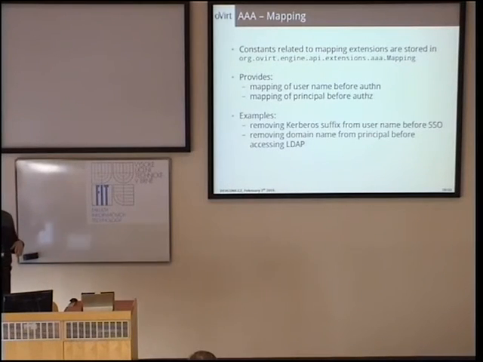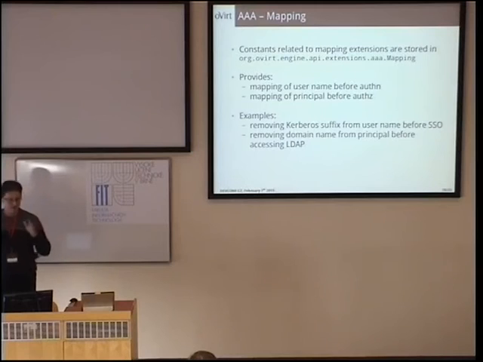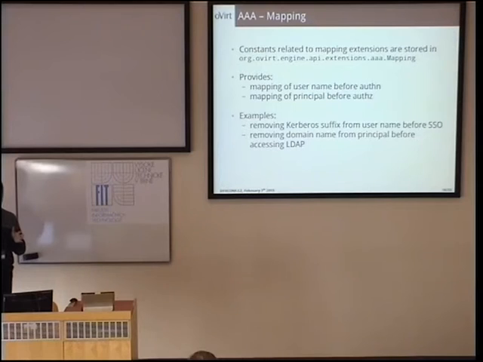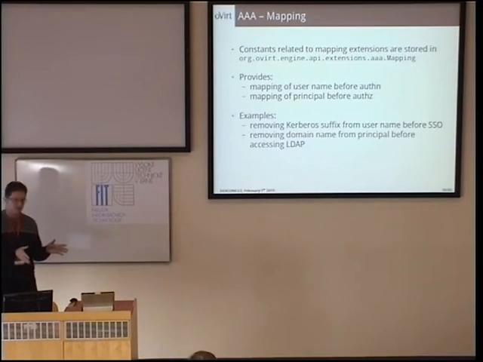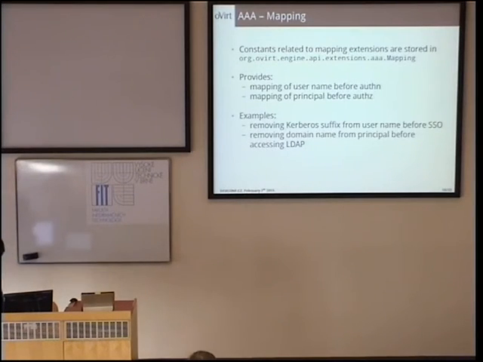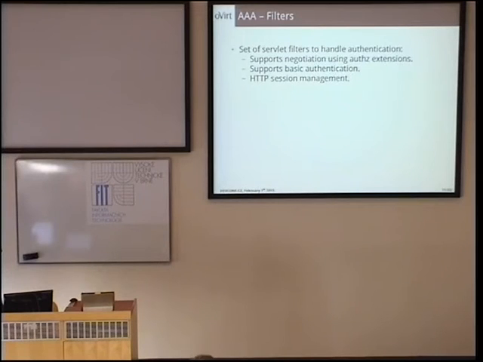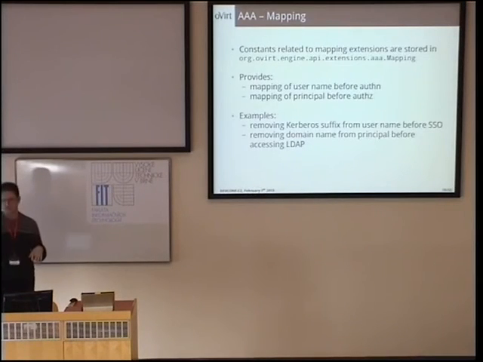It's used, for example, when your user logs into the application with username at domain, and we want to remove this domain, for example, when we access the LDAP server. So there are several usages of this mapping, and this mapping can also be used, I will show it in the next slide, to leverage Apache authentication and use it in oVirt.